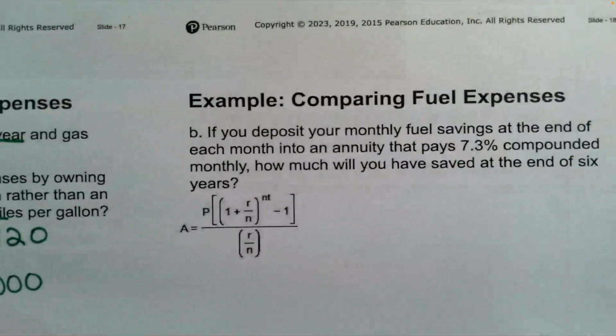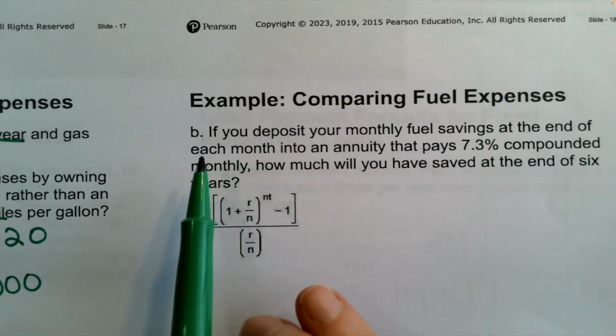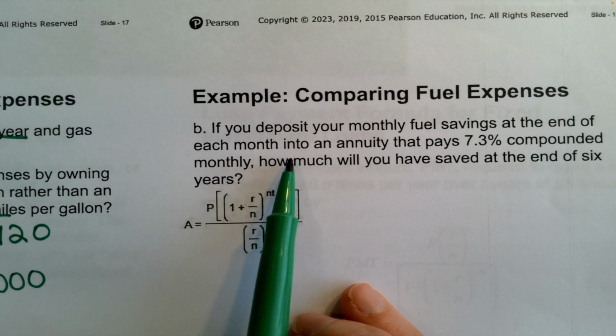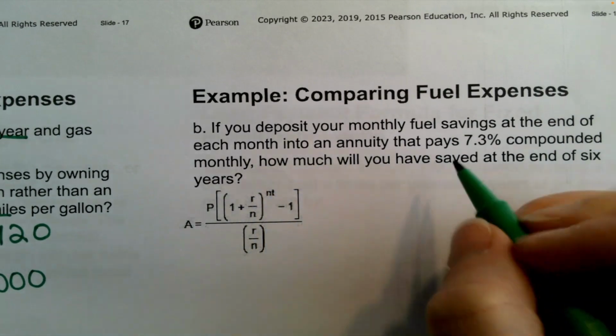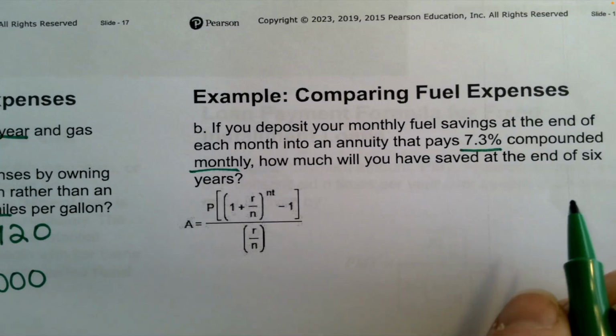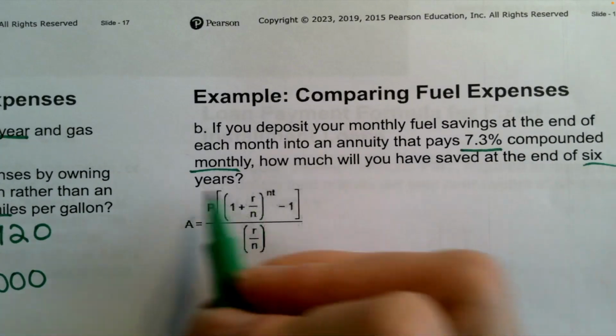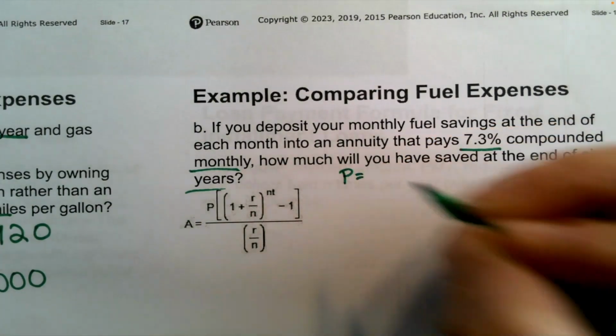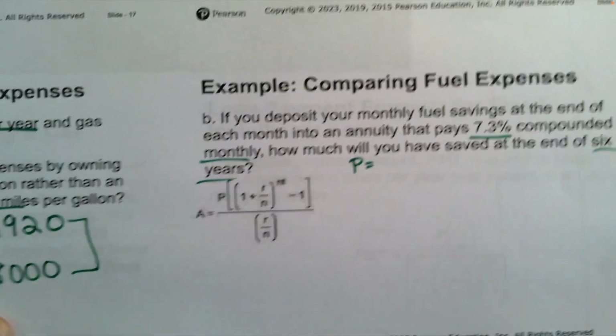Now let's look at part B of this problem. It says if you deposit your monthly fuel savings at the end of each month into an annuity that pays 7.3% compounded monthly, how much will you have saved at the end of 6 years? Okay, so let's figure out how much we would put in per month. Well, you got to find the difference there first.